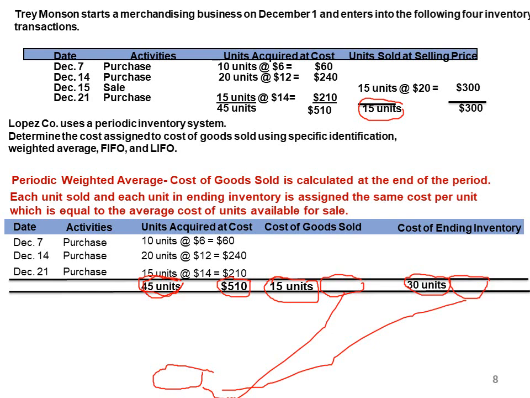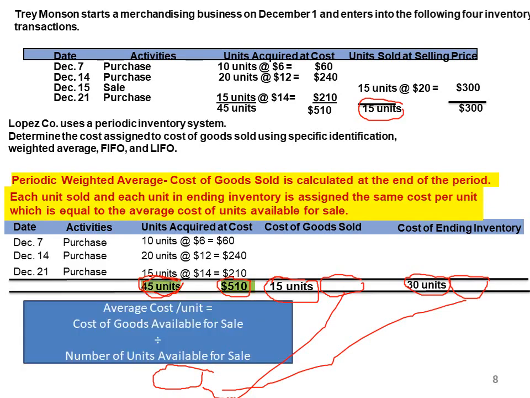So in order to get this single weighted average cost for the entire period, you will have to follow the below rule, which is cost of goods available for sale at the end of the period divided by the number of units available for sale at the end of the period. So this means we will look at the last row in the table that we have.